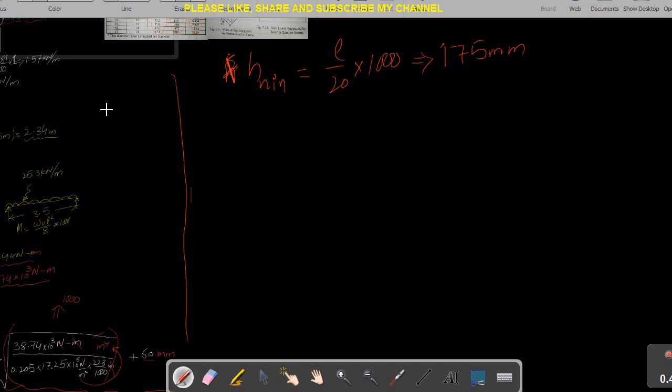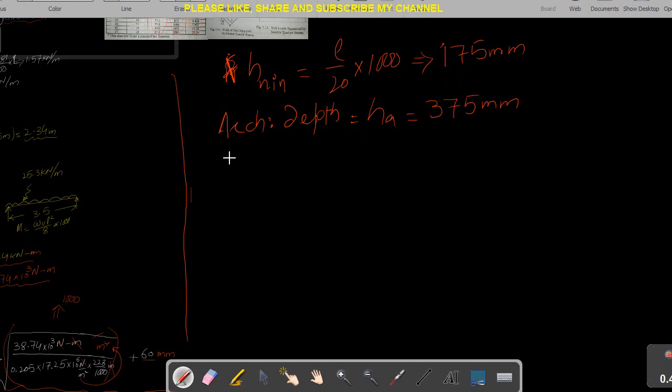Now maximum architectural depth, my architectural depth which is already given to me, that is HA, is 375 mm. I can't increase my depth from this value.